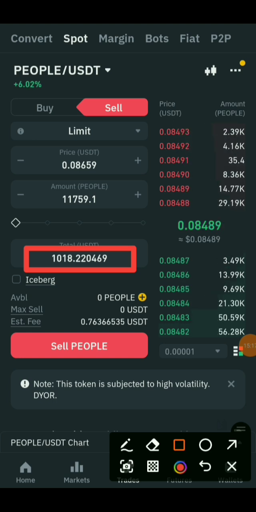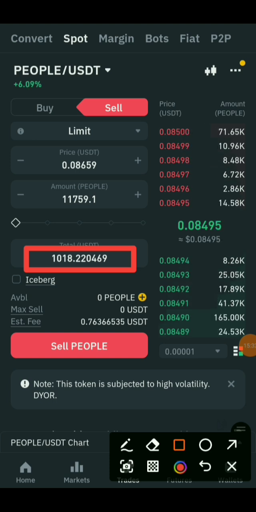Then we'll just head to the sell section and put in our new price, which is 2% higher than what we bought it for. And voila, as you can see, we have $1,018 on this particular trade.